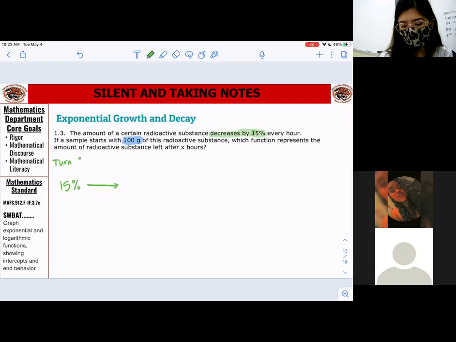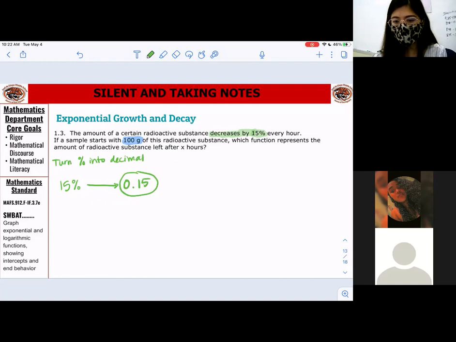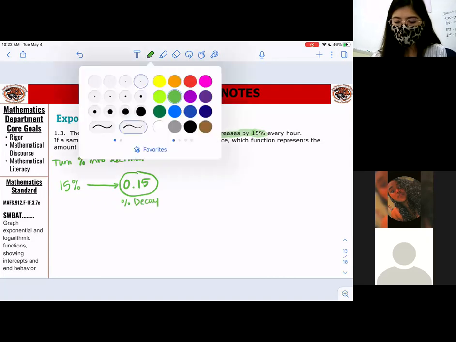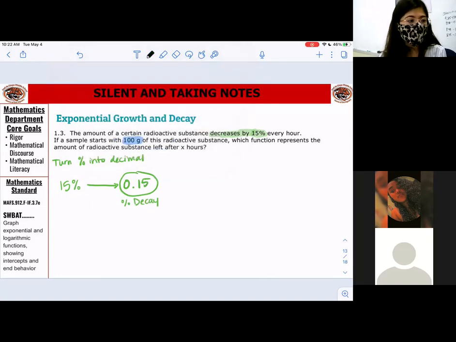Turn the percent into a decimal. So 15% becomes 0.15. That is my rate. Now, is it increasing or decreasing? What did we say? Decreasing, it's decaying. Okay, that's going to be important because we have a decay situation.